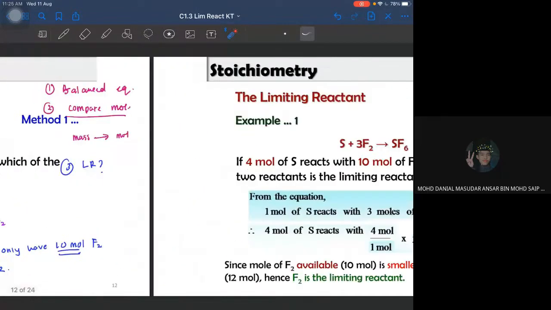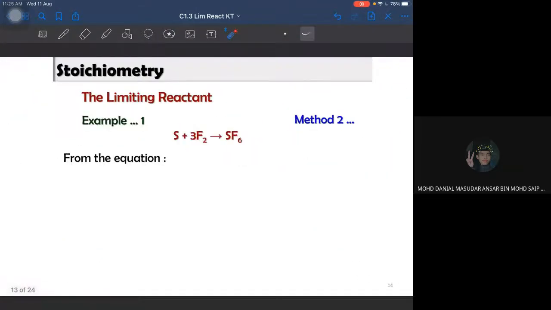Okay. So let's have a look at the second method. So second method ni ada orang prefer second method. So whichever method yang kamu prefer, mana-mana je, as long as you get the final answer tu sama. Right, so second method is when you compare mole reactant with mole product.